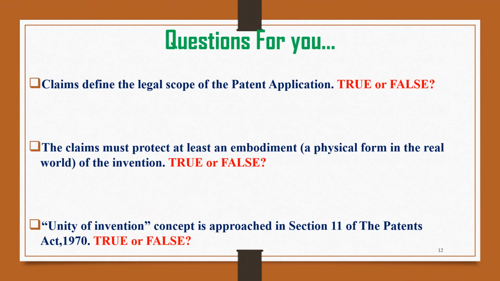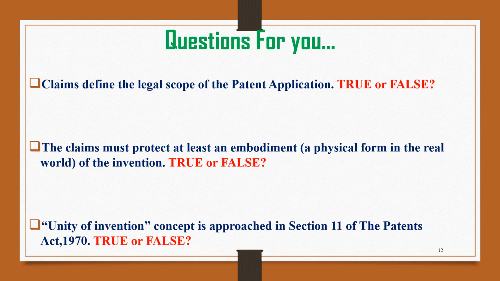Now comes the most important and significant slide of this lecture, because there are some questions for you. Question number 1: claims define the legal scope of the patent application, true or false?